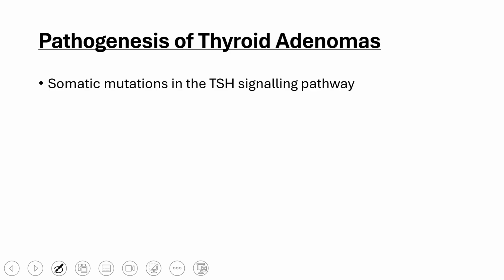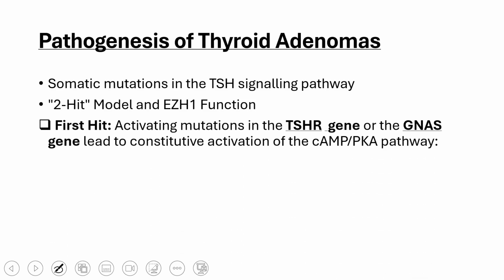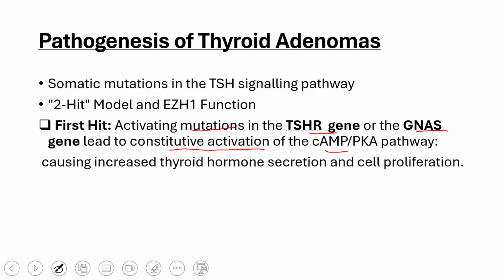Various genes involved in this signaling pathway undergo mutation due to certain reasons, and there is a two-hit model and an EZH1 gain of function hypothesis in this thyroid adenoma, which state that the first hit is an activating mutation in the TSH receptor gene or the GNAS gene that leads to the constitutive activation of the cAMP protein kinase A pathway, and that results in increased thyroid hormone secretion and cell proliferation.